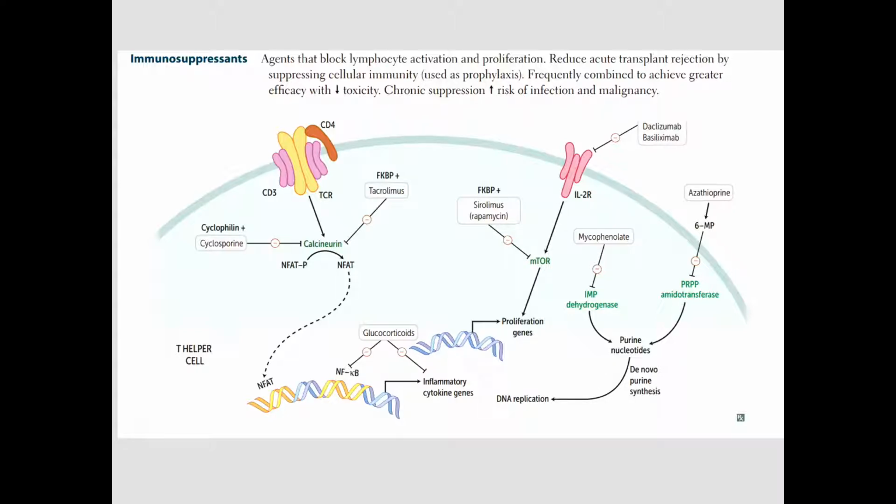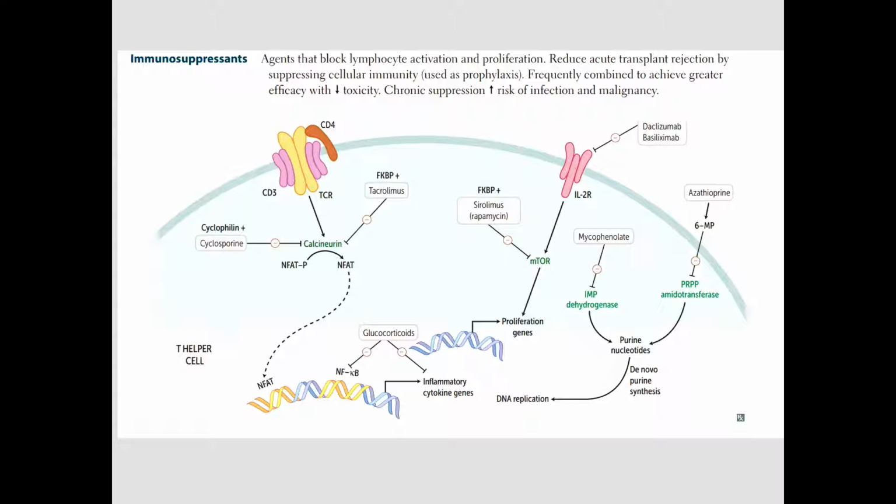Both are calcineurin inhibitors. They inhibit nuclear factor of activated T cells, NFAT, and this eventually leads to inhibition of nuclear factor kappa B and other genes involved in cytokine production. Again, no interleukin-2, no T cells, no T helper cells, no cytotoxic T cells.